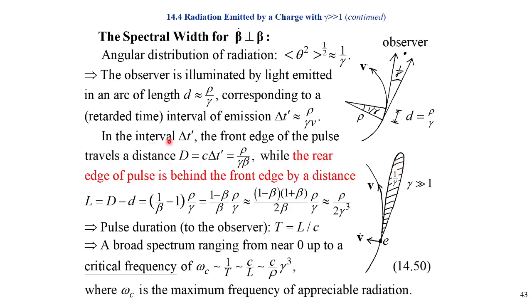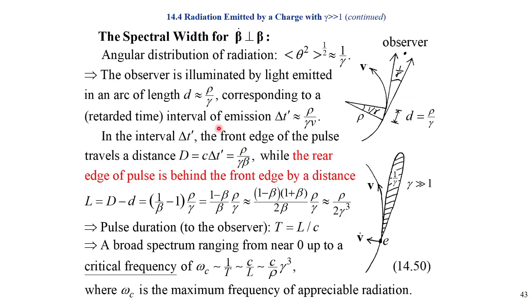So in an interval delta t, the front edge of the pulse travels a distance c times delta t prime, where delta t prime is here, while the rear edge of the pulse is behind the front edge by a distance d minus d.